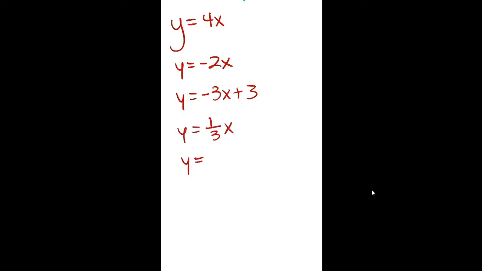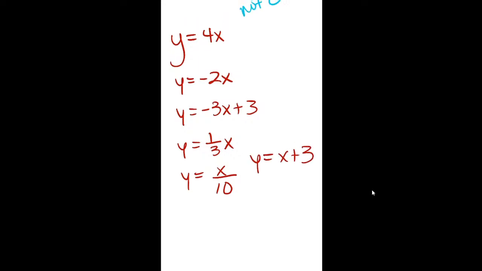Y equals x over 10. And y equals x plus 3. Try these. Go ahead and pause me and literally just answer with yes or no. So yes equals direct and no equals not direct. Okay? All right? Give a pause and give it a shot now.